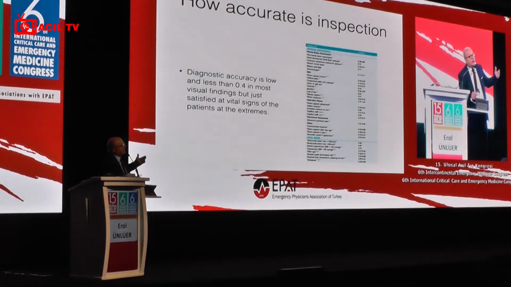And we see the diagnostic accuracies of the tests. When we check the diagnostic accuracy of physical examination in different situations, we see very low agreement. Physical examination by itself has very low agreement, between 0.4 and 0.7 in a lot of cases, except at the extremes.